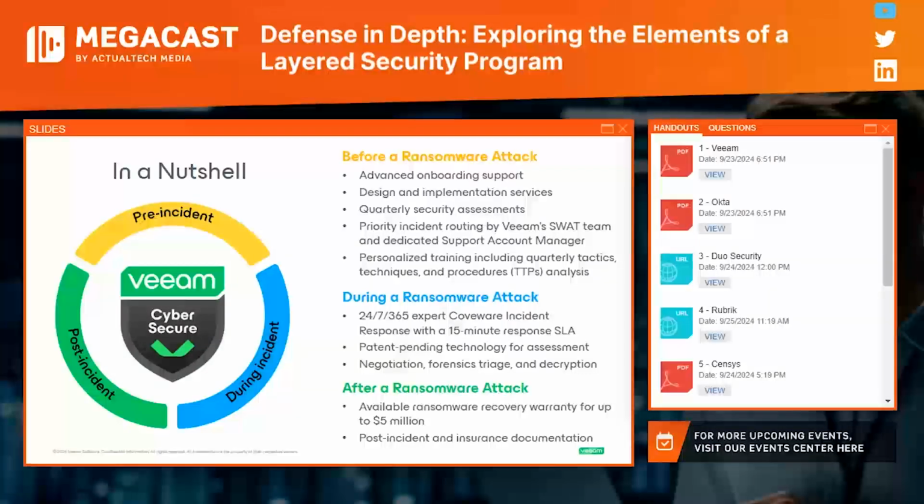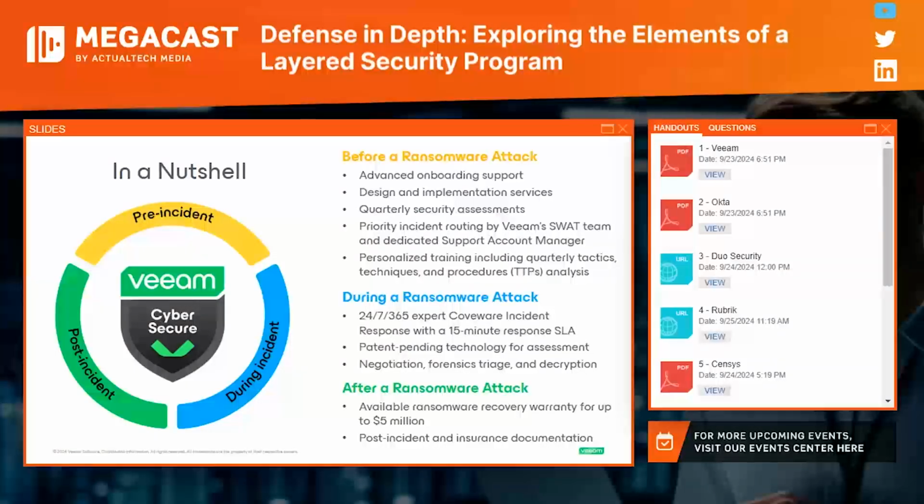So just to finalize here, I think I'm over my time. This is really quick, kind of in a nutshell, the Veeam Cybersecure offering with services, professional services and support, quarterly reviews as well, security assessments, very important. I forgot to mention that earlier. So professional services as a pre-incident. During the incident, have that expert incident response expertise, especially in ransomware with 24/7 coverage, 15-minute SLAs, and so on.